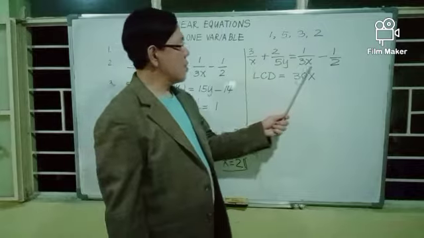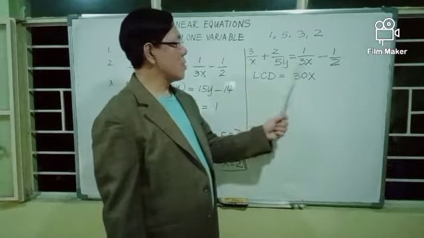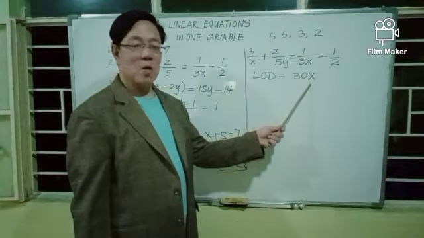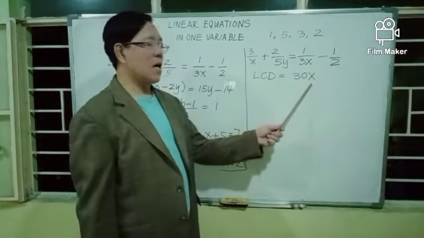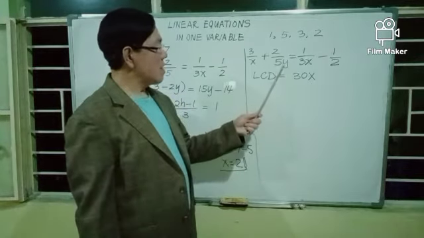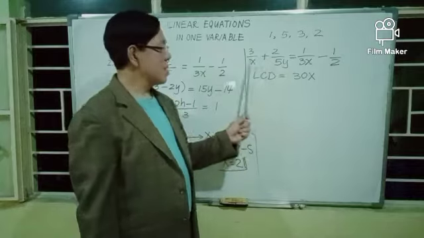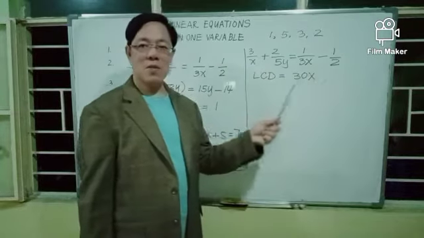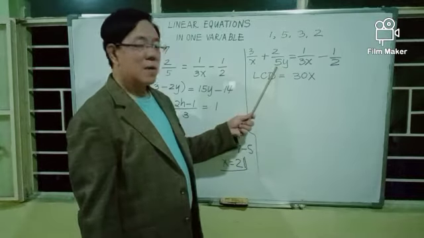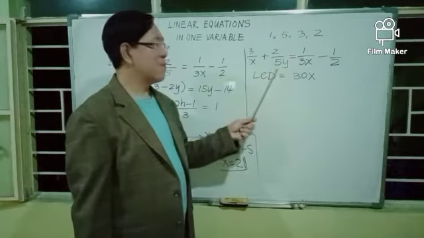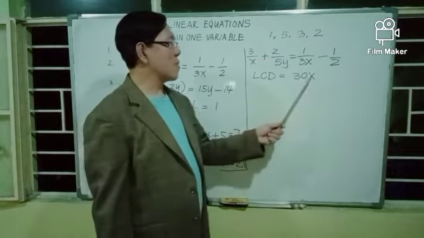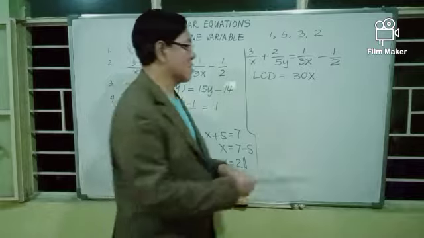In this example, x appears in two denominators. So we take x, and the highest exponent of x is 1. So we take x for the LCD, multiplied by 30. And there is another variable y in the denominators, just supposing that there is y in the denominator of the second term, 5y. So we also take y for the LCD and multiply that by 30x.